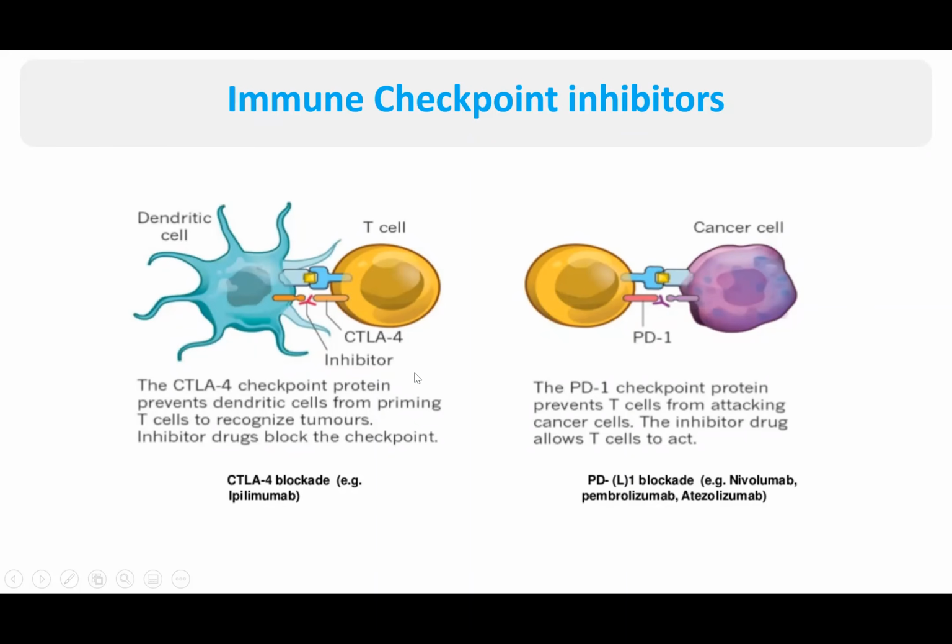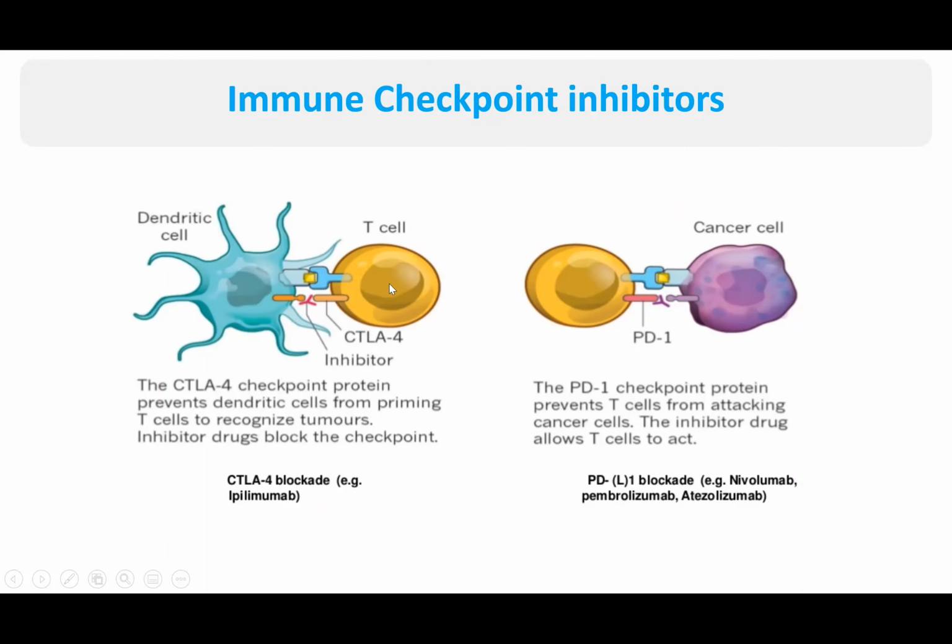Here, a mechanism of resistance is that the T cell can upregulate the inhibitory signal from CTLA4. This inhibitory protein, CTLA4, can compete with CD28 to bind with the co-stimulatory CD80 and CD86, leading to inhibition of the T cell. Because in this case, we will lose signal 2. We don't have signal 2.